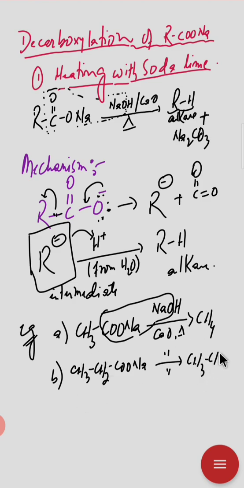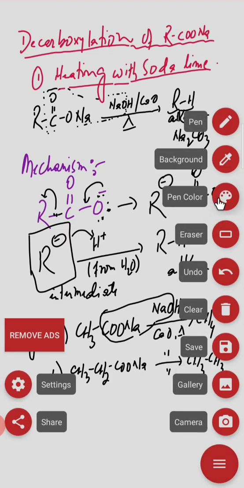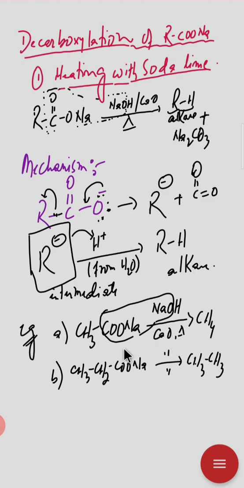Now the important point here is the rate of this reaction to form methane from sodium acetate, and the rate of reaction to form ethane from sodium propanoate. If these two rates are represented by R1 and R2, the rate of this reaction is suppose R1 and the rate of this reaction is supposed to be R2, then which rate will be greater, which reactivity between A and B will be more?